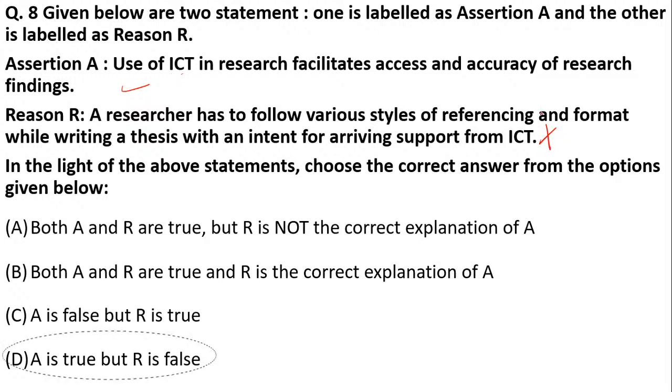So here A is true and R is false. What it is saying: use of ICT in research facilitates access and accuracy of research findings. Whenever ICT is being used in research, there are chances of more access and accuracy. Yes, because a researcher can look on the internet and read papers from other researchers, and can use various tools that are present online which can give you high accuracy.